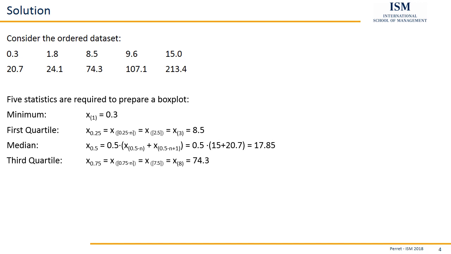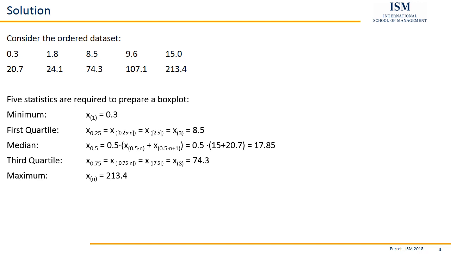So at the 8th position we find the third quartile, and thus the third quartile is 74.3. The only thing left is then the maximum. As we have the ordered data set, the maximum is the last value in the ordered data set. So here 213.4.